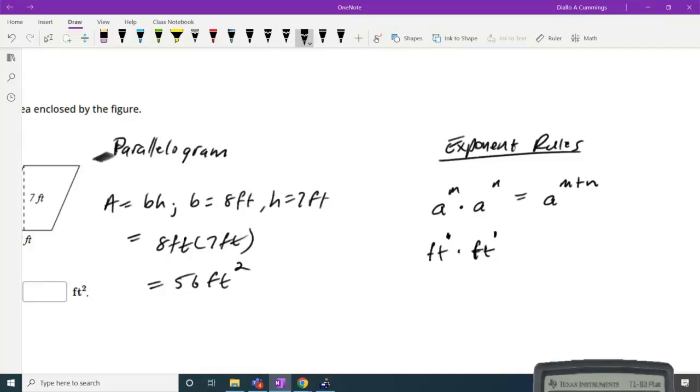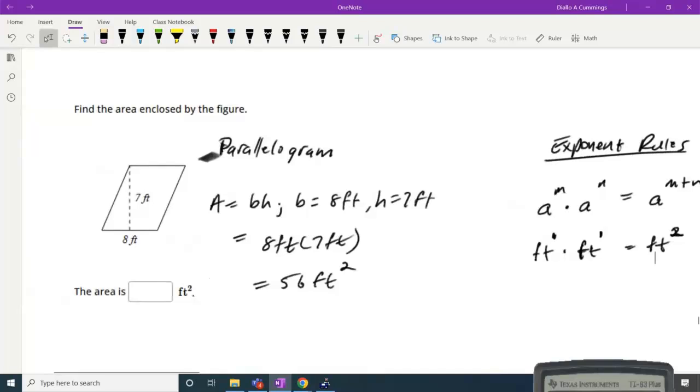So when we multiply like bases, we add our exponents. So this is what gives us square feet. Now on the problems, the unit is given, but this is the reason why. All right, so for that first problem, we have 56 square feet.